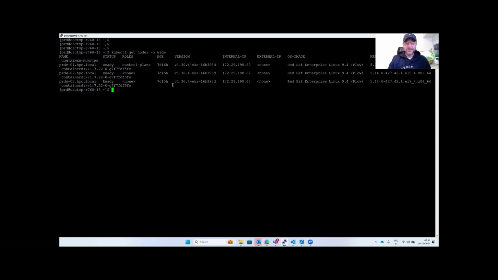Okay. So obviously, to deploy GPU applications on a Kubernetes cluster, you typically need to deploy the support for those GPU cards.